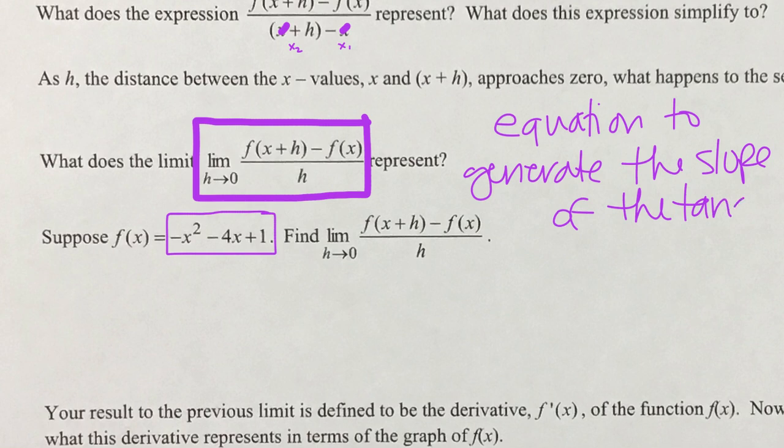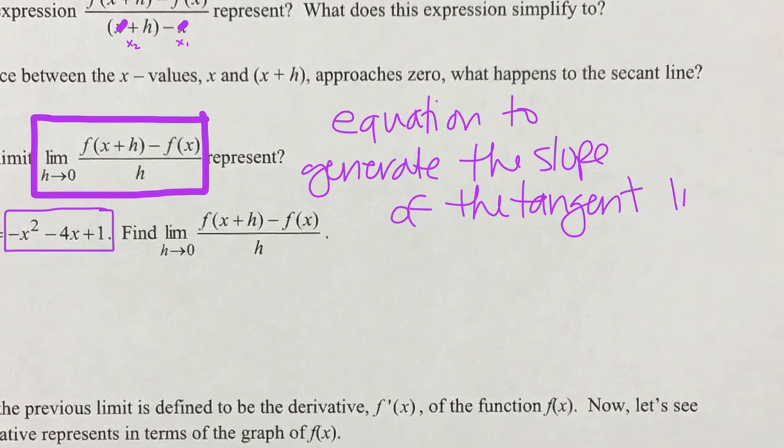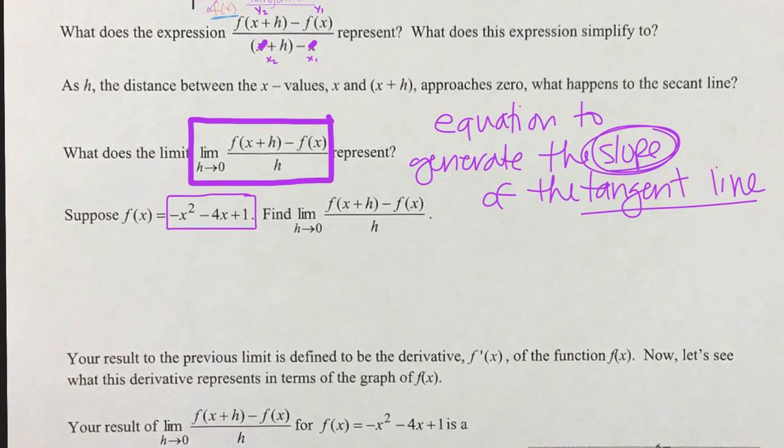We're going to use this to find the equation of the slope of the tangent line at any value of x. That's what the derivative is all about. It's an equation that we're going to use to calculate the slope of the tangent line at that given x value.